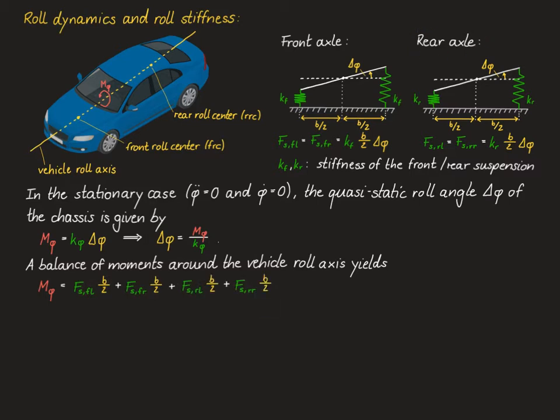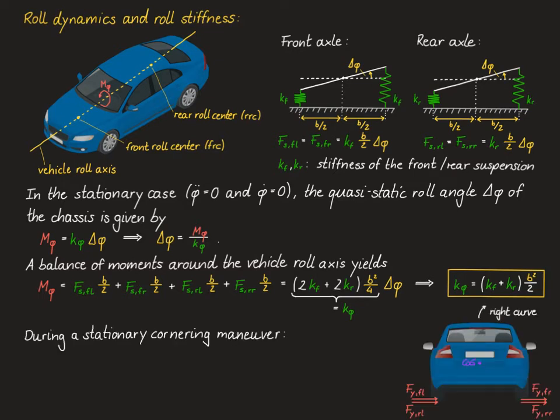By substituting the expressions for the spring forces that we have just derived up here, we obtain an explicit expression for our roll stiffness k phi. So the roll stiffness k phi equals the sum of the front suspension stiffness kf and the rear suspension stiffness kr times the track squared divided by 2.